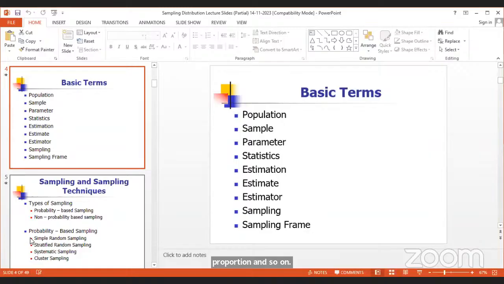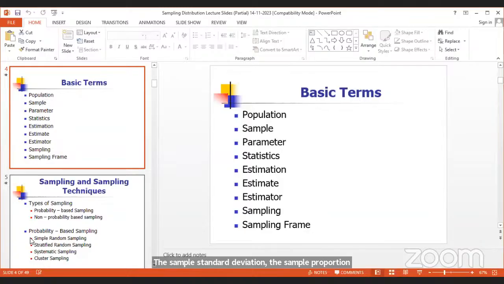So as long as that function represents the entire population, what you have is the parameter. Then we discussed statistics. We said a statistic is a function of the units in a sample. So your sample mean, your sample standard deviation, your sample proportion, they are your statistics.